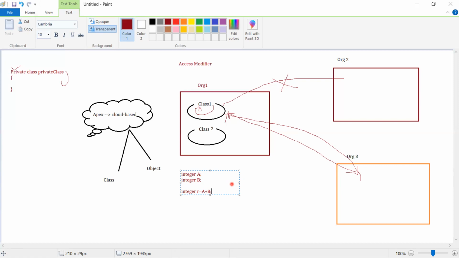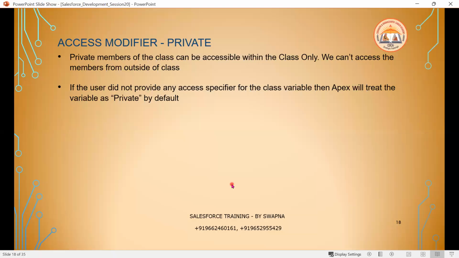So if I do not specify any access modifier, it's private. For variables, if I don't specify anything, by default it is going to be private. If the user did not provide any access modifier for the class variable, then Apex will treat the variable as private by default.